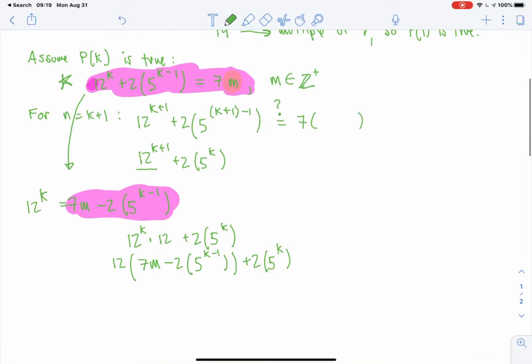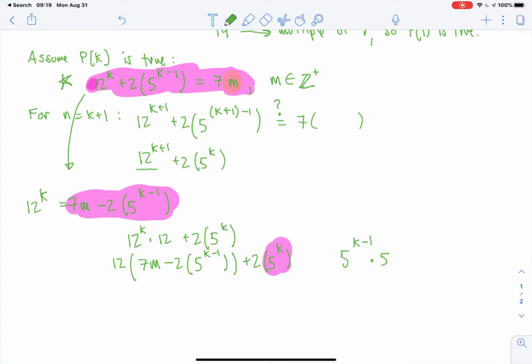And we can do a little bit of work here as well, because this 5 to the k, I can write this as 5 to the k minus 1 times 5.